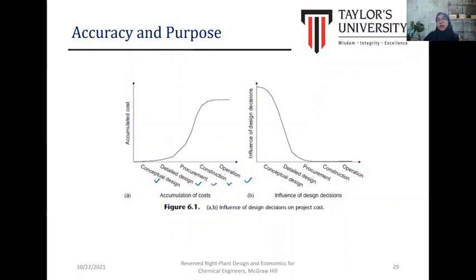The influence of the decision is highest from the conceptual design. That means we should have the correct conceptual design before we can operate, because it will affect the decision on the project cost.